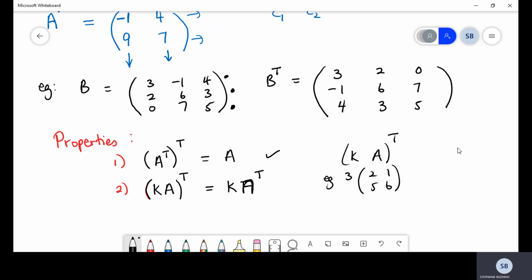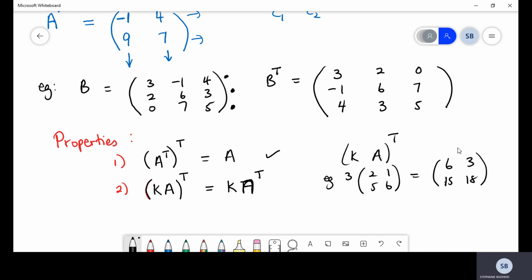You can choose to multiply 3 by each of your numbers inside of that matrix, 3 by 2, 3 by 1, 3 by 5, 3 by 6, and then you can transpose. Let's do it on screen. So you will get 3 by 2 is 6, that's 3, that's 15, and that's 18.